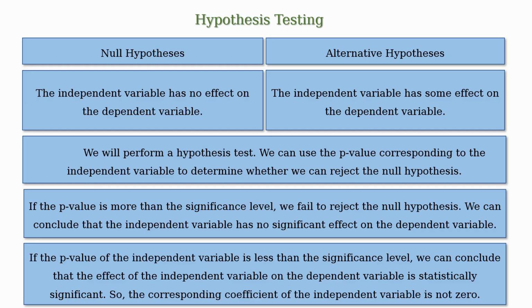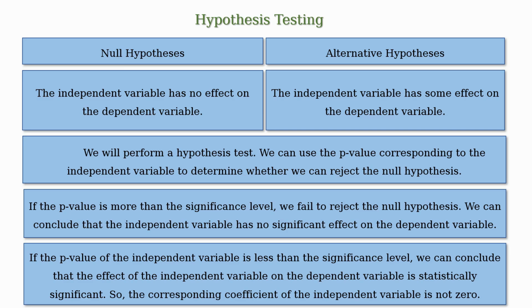And if the p-value of the independent variable is less than the significance level, we can conclude that the effect of the independent variable on the dependent variable is statistically significant. In other words, the corresponding coefficient of the independent variable is not 0.